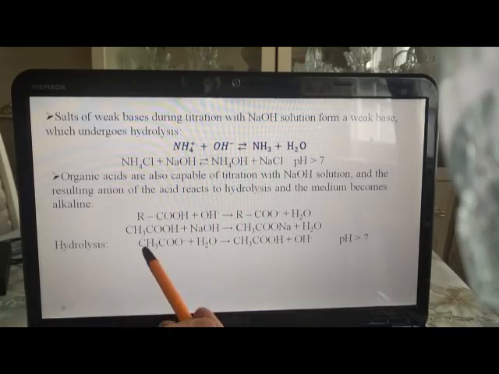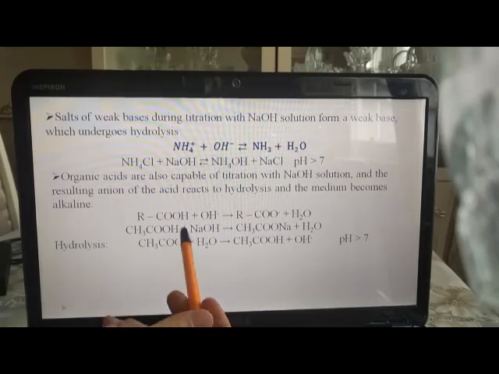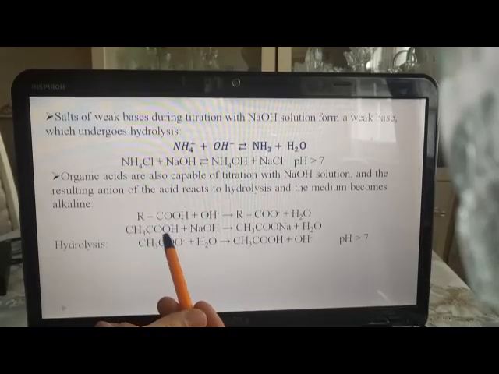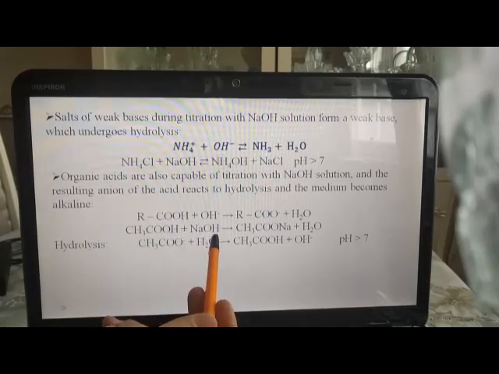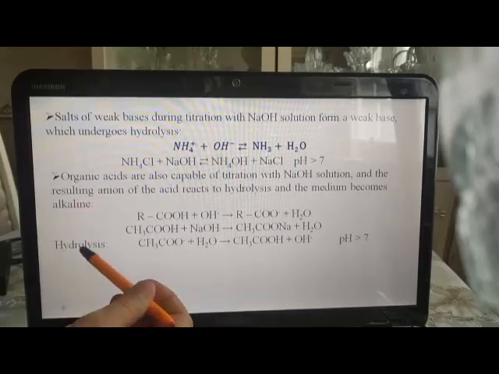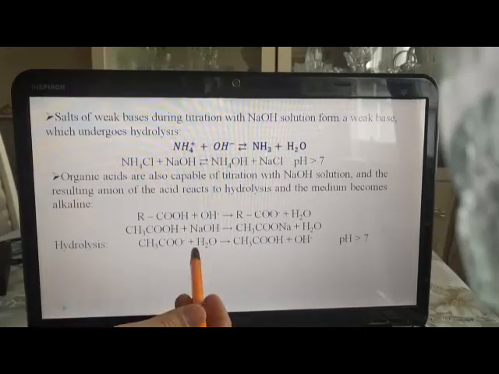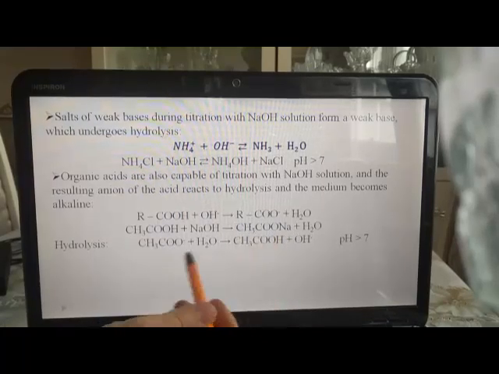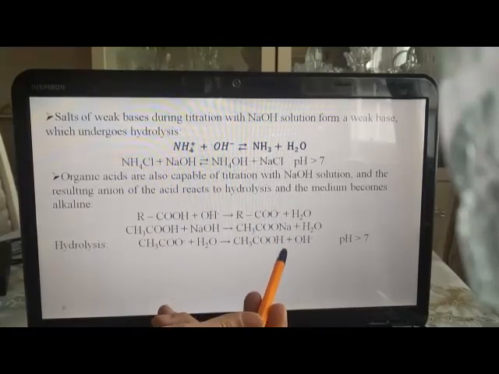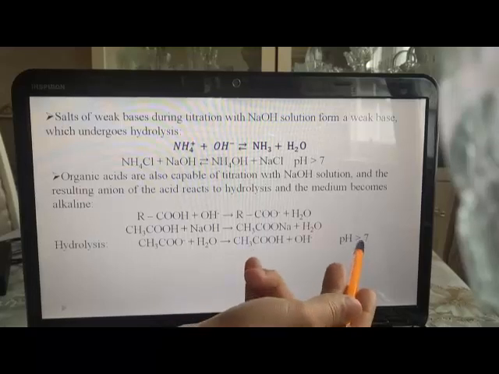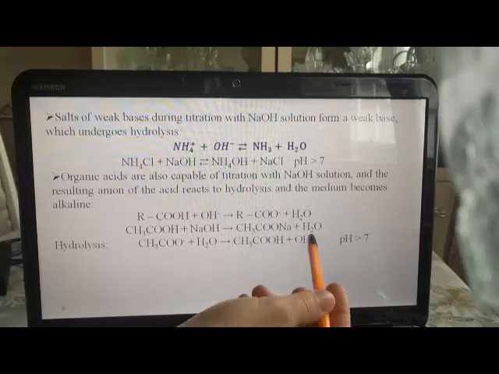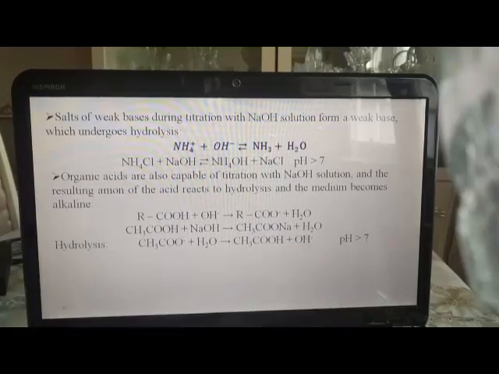For example, the titration of the organic acetic acid with sodium hydroxide, and hydrolysis of this salt formed during the reaction. In the hydrolysis of this salt, the pH of the medium is more than 7 because a free hydroxide group is formed.